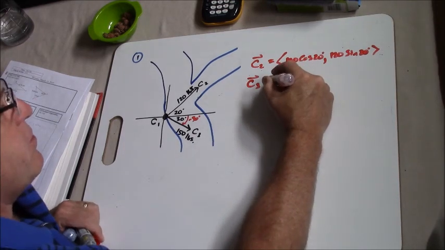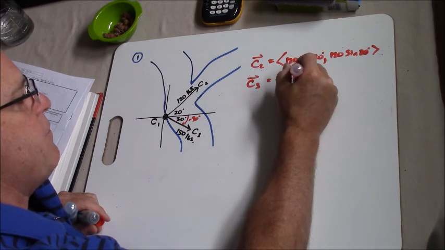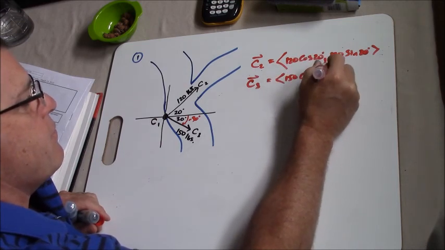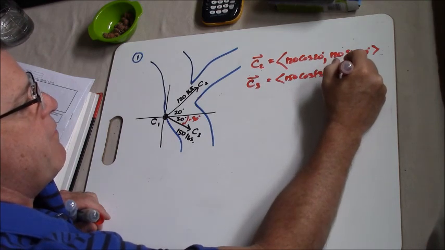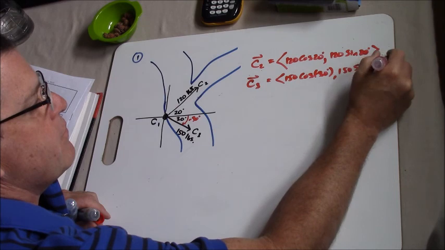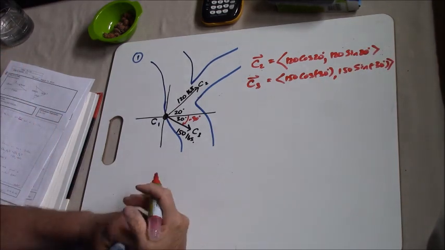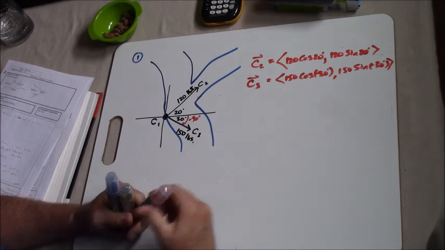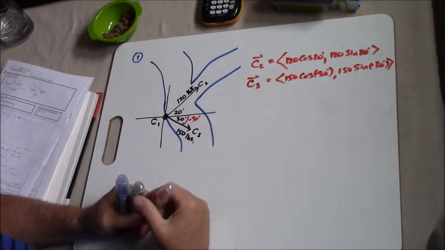So the components for this vector are going to be 150 cosine negative 30, comma, 150 sine negative 30. Okay, so there are my vectors in component form.